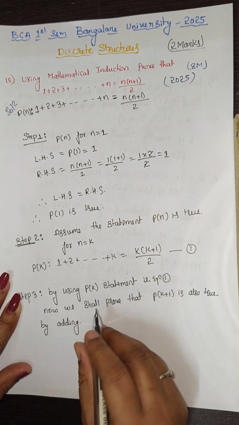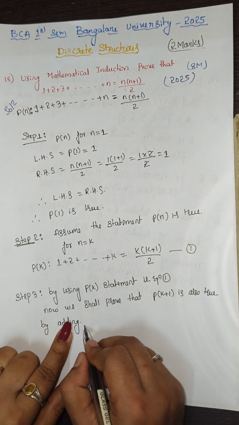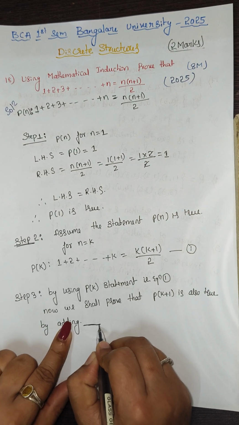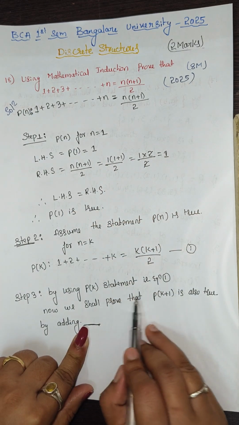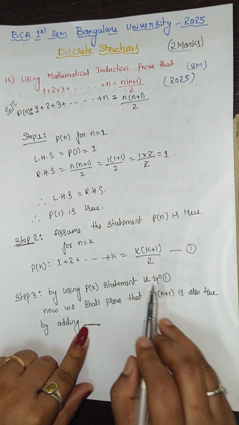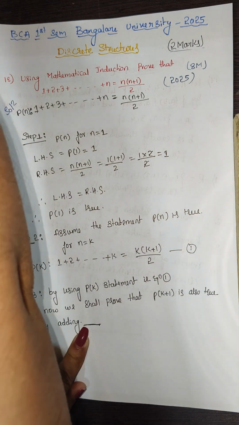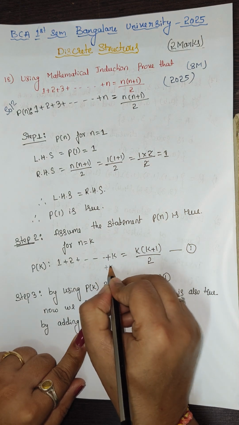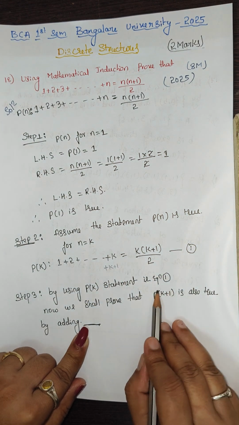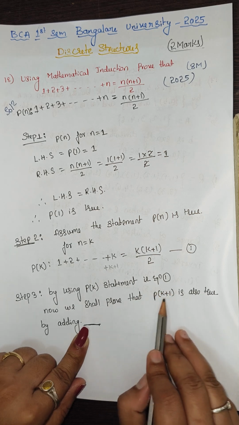Now see here, in the third step so many students get confused about what we need to add. Just see here, we need to prove P of k plus 1 is true. The next term should come here. What is the next term? The last term should come here, k plus 1 only, because we are proving P of k plus 1.